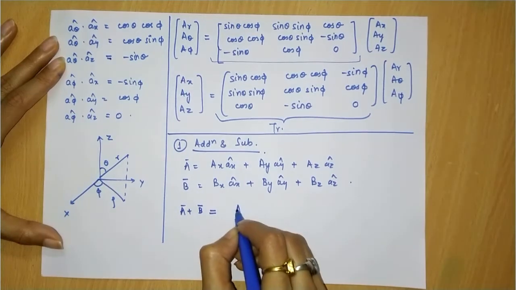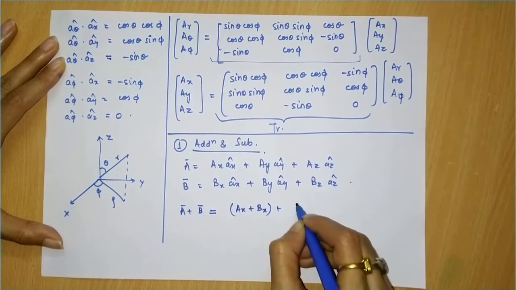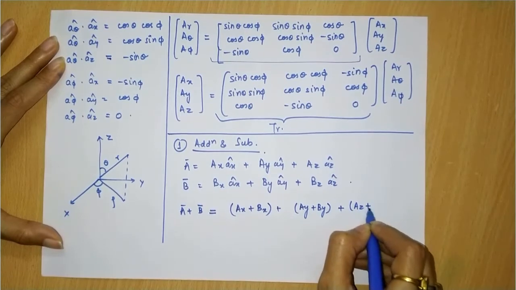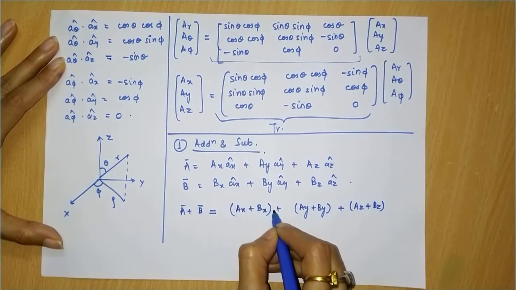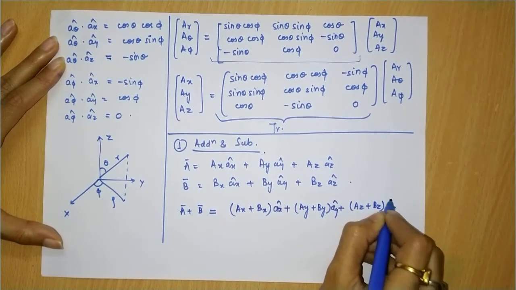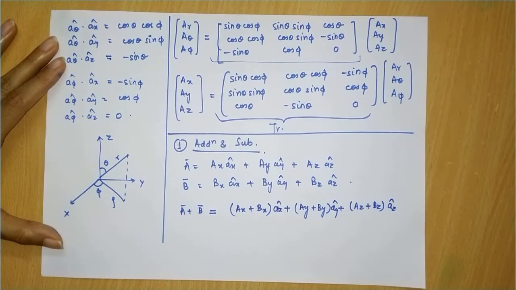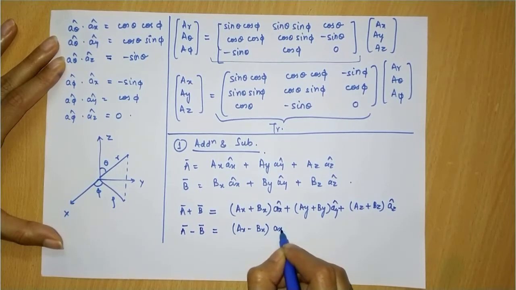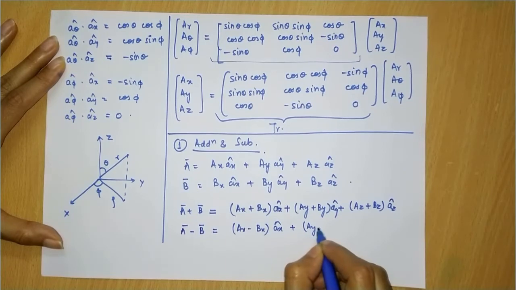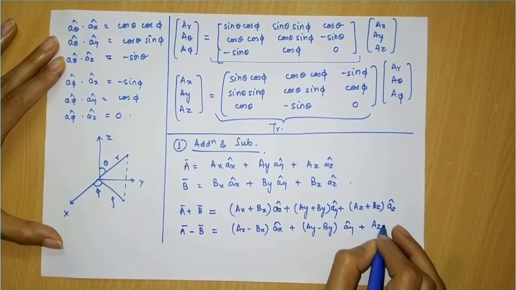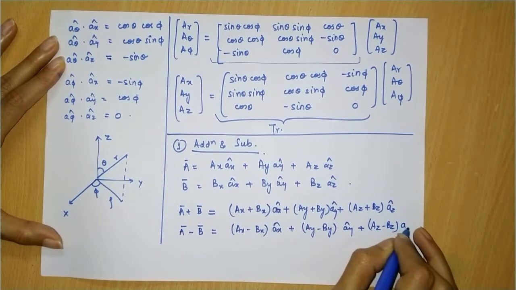Hence this is written as (Ax plus Bx) ax cap plus (Ay plus By) ay cap plus (Az plus Bz) az cap. Similarly, we can find A vector minus B vector. This is (Ax minus Bx) ax cap plus (Ay minus By) ay cap plus (Az minus Bz) az cap.